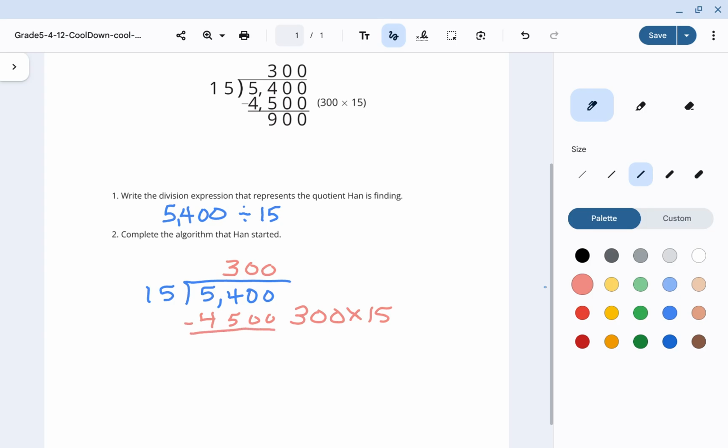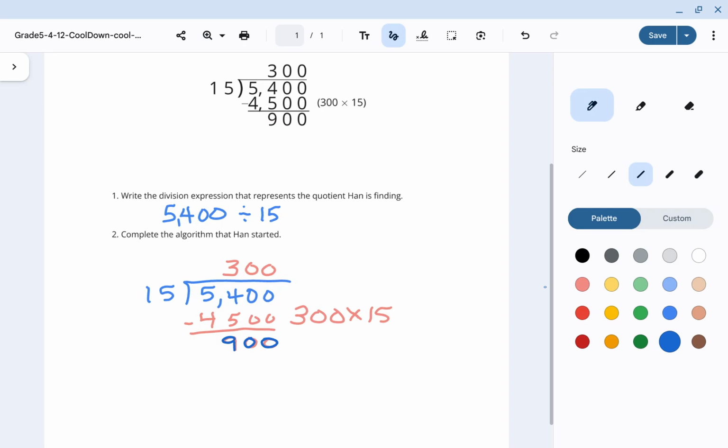Now he subtracted that to find that he still had 900 left to divide. And I'm actually going to go ahead and put that 900 as a blue value because that is like the dividend that we still have to sort. So this is where Hans finished his work, and really this is where we continue it.